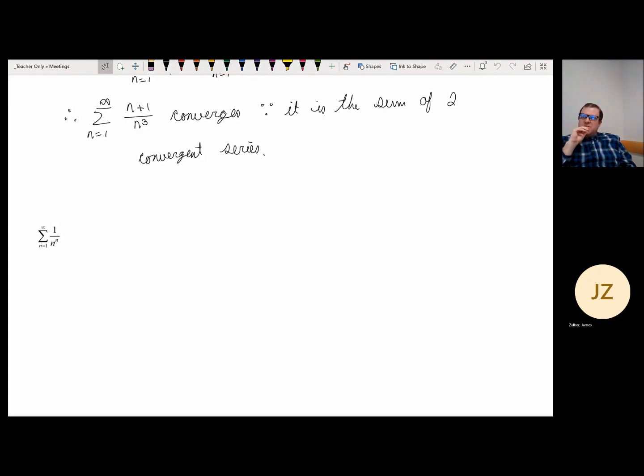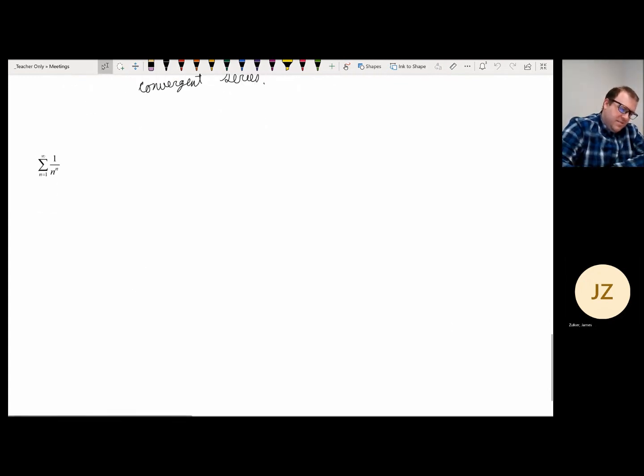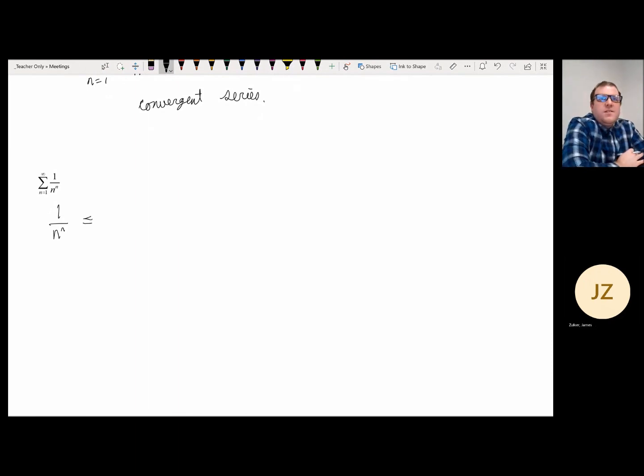When I compare it to a geometric series, specifically one that we know converges, 1 over n to the n would be less than or equal to 1 over 2 to the n, as long as n is greater than or equal to 2.